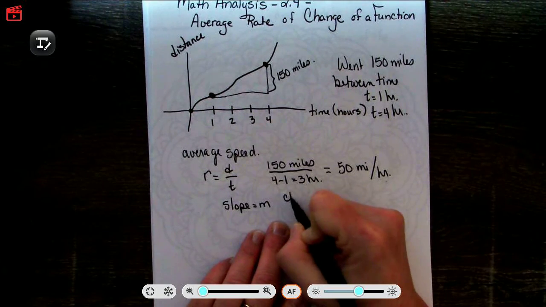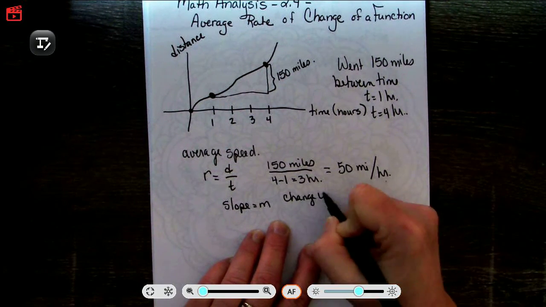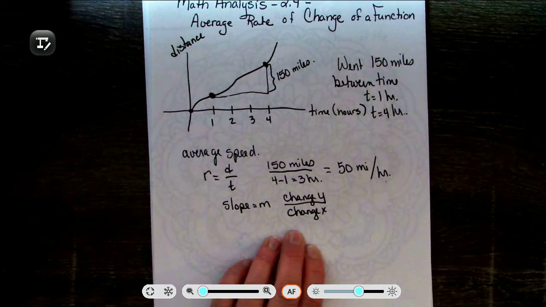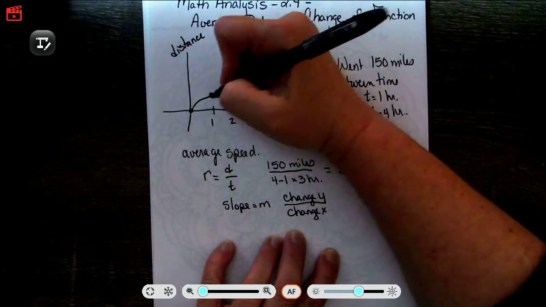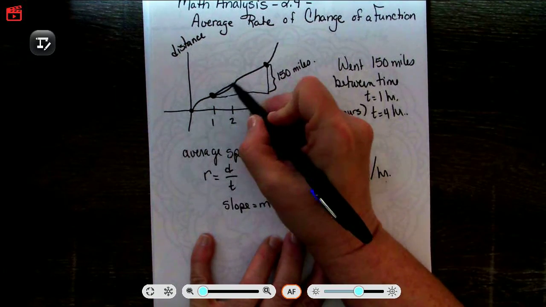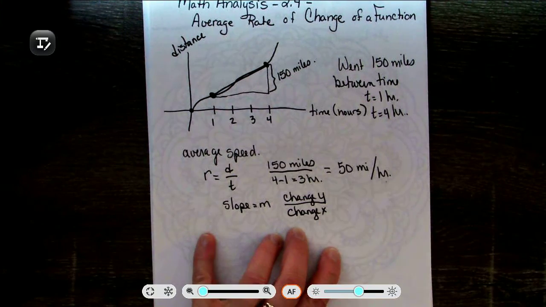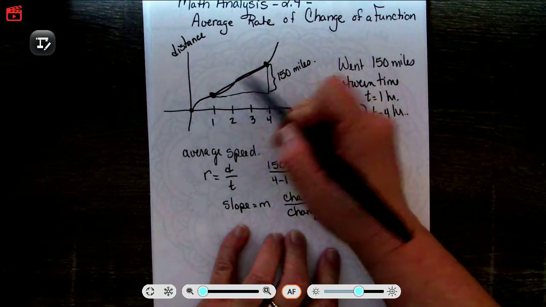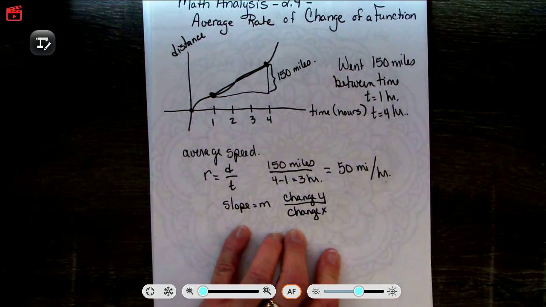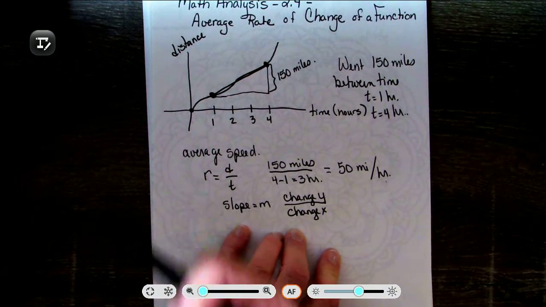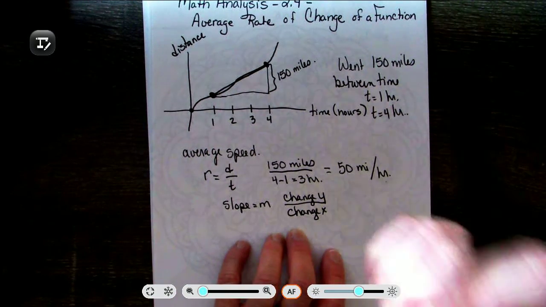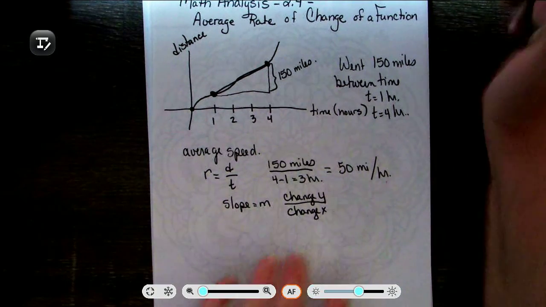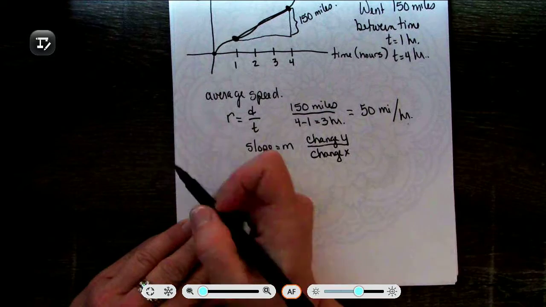Change in y over change in x. And it is a slope. It is the slope of the line connecting these two. So if I had taken and smoothed that out, made a straight line, that gives me the slope from this point to this point, which represents my average speed, or in general, the average rate of change of whatever our function is measuring. So that's exactly what our formula is.